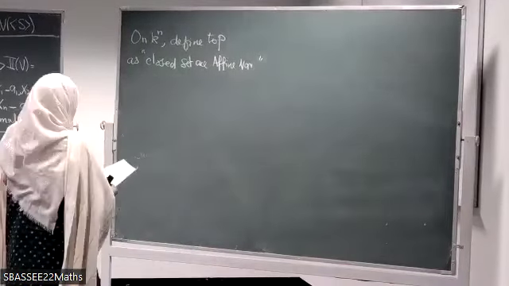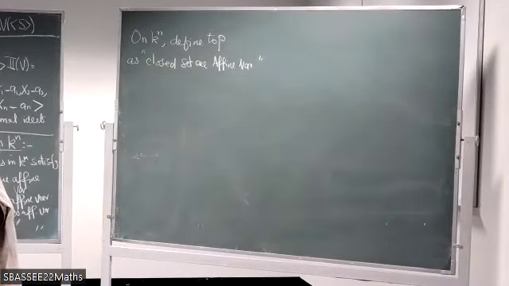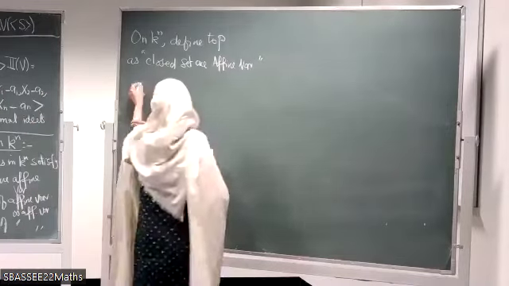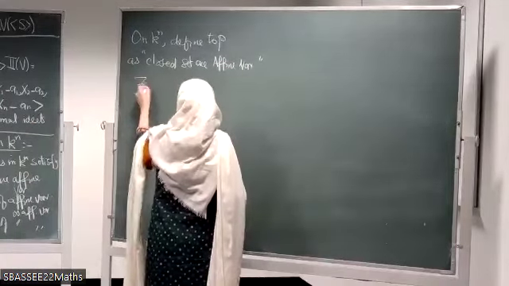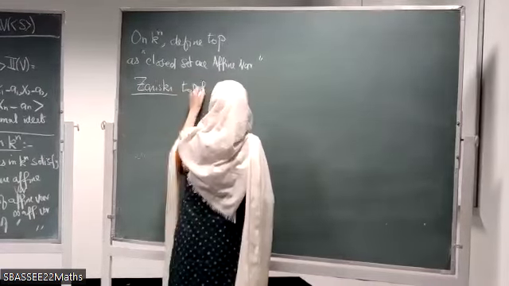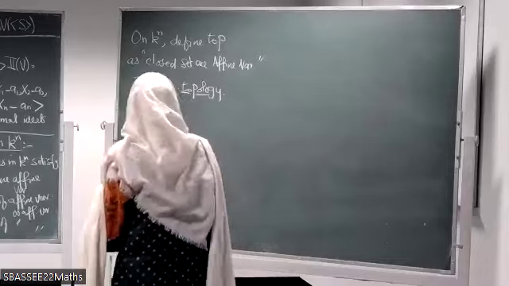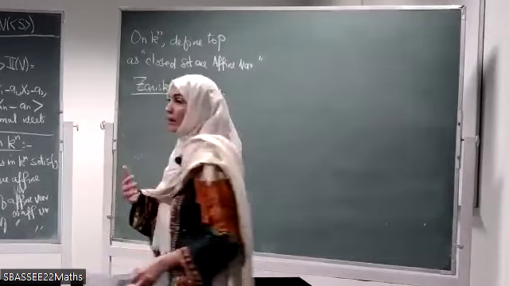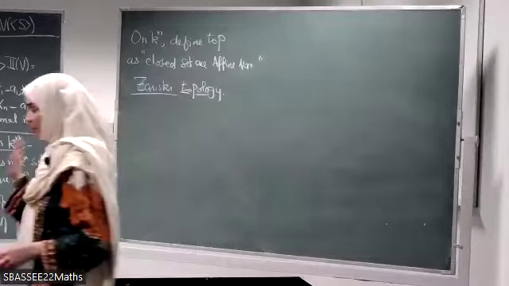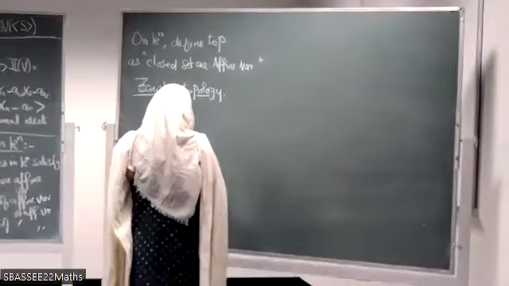So in this topology, a closed set is an affine variety, and this topology is called Zariski. And what is the Zariski topology on any subset? We can define a topology on any arbitrary subset of affine space. It's just induced by this Zariski topology, like a subspace topology, right? Okay, that's great.